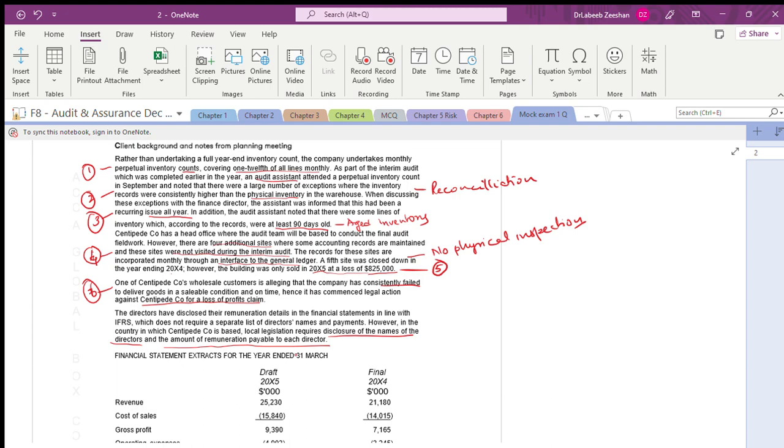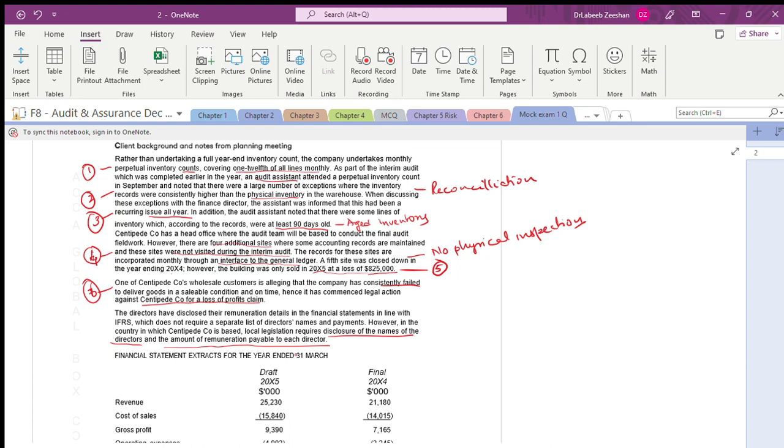Hence, it has commenced legal actions against Centipede for loss, as there was a legal claim. The directors have disclosed their remuneration details in the financial statements in line with IFRS, which does not require a special list of director names and payment.